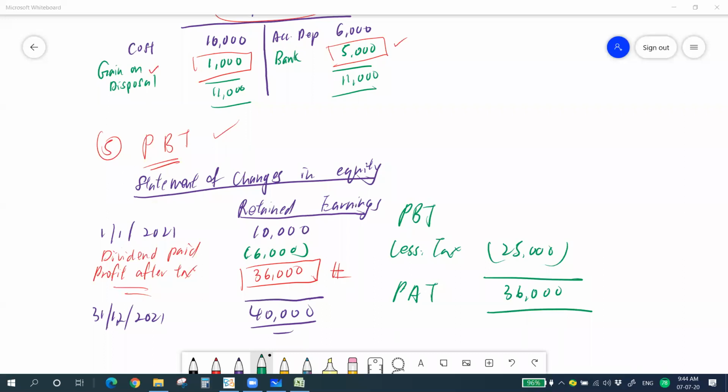Yes, very good. We use 36 plus 25, so we get 61,000. So this is the amount that we are going to use in our cash flow statement. All right, that's all for the workings.